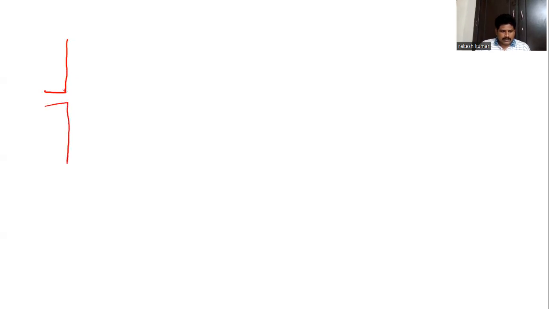Let us consider the transmitting antenna, with the supply voltage applied. So this is my radiation pattern. Here, this is terminal 1, this is terminal 2.